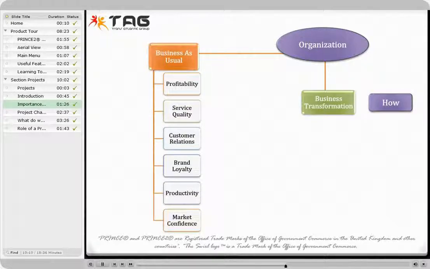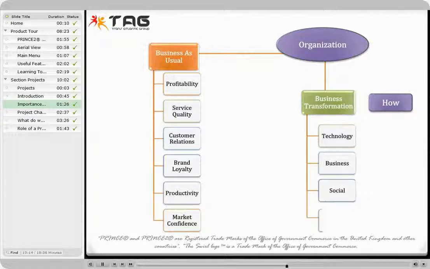As the pace of change in terms of technology, business, social, regulatory, etc. accelerates, and the penalties of failing to adapt to change become more evident, the focus of management attention is inevitably moving to achieve a balance between business as usual and business change. Projects are the means by which we introduce change.